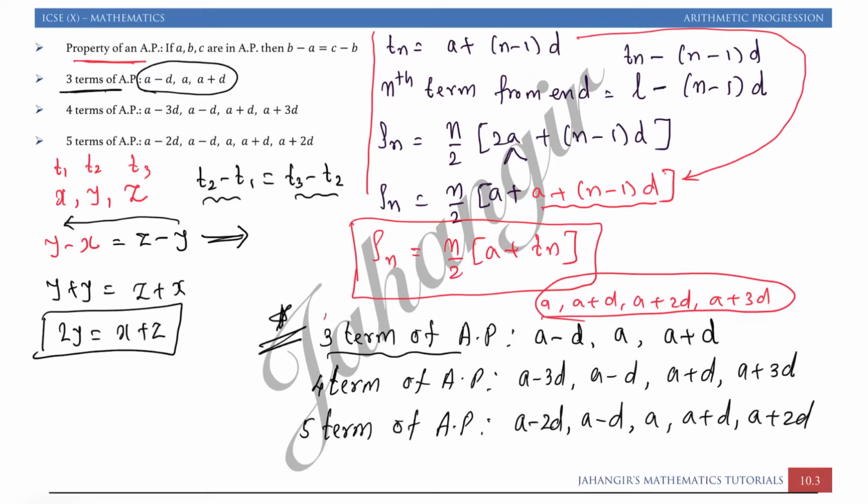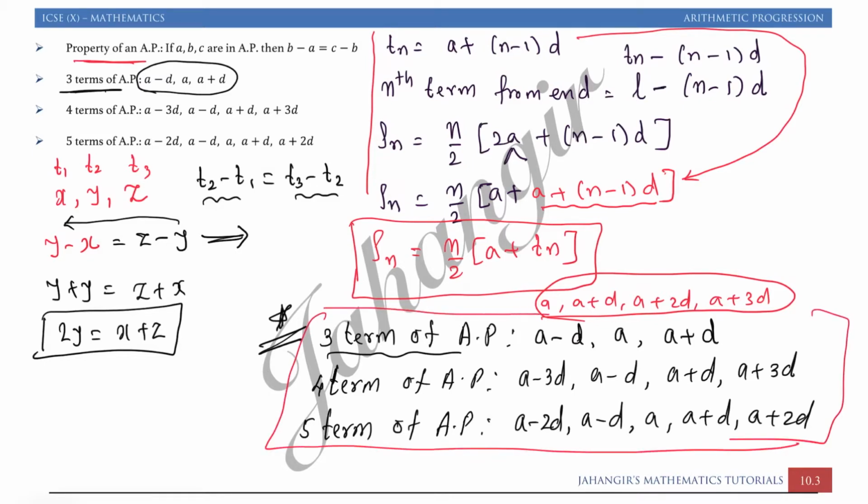So better, these are the universal terms for AP you have to use whenever they say three terms, four terms and five terms of an AP. Most common is three terms, which we are going to learn in the exercise. Fourth term and fifth term questions you will get in homework sheets, which we will discuss later on.